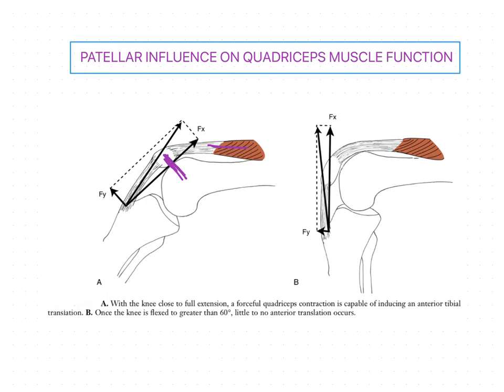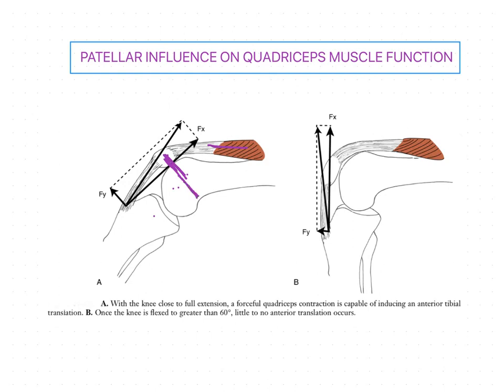Okay, and afterwards, after 45 degrees, as it goes to 30 degrees, 20 degrees and 0, what will happen? Again the moment arm will diminish, because at this stage there is no translation of the femoral condyles taking place. During flexion the axis is shifted posteriorly, isn't it?